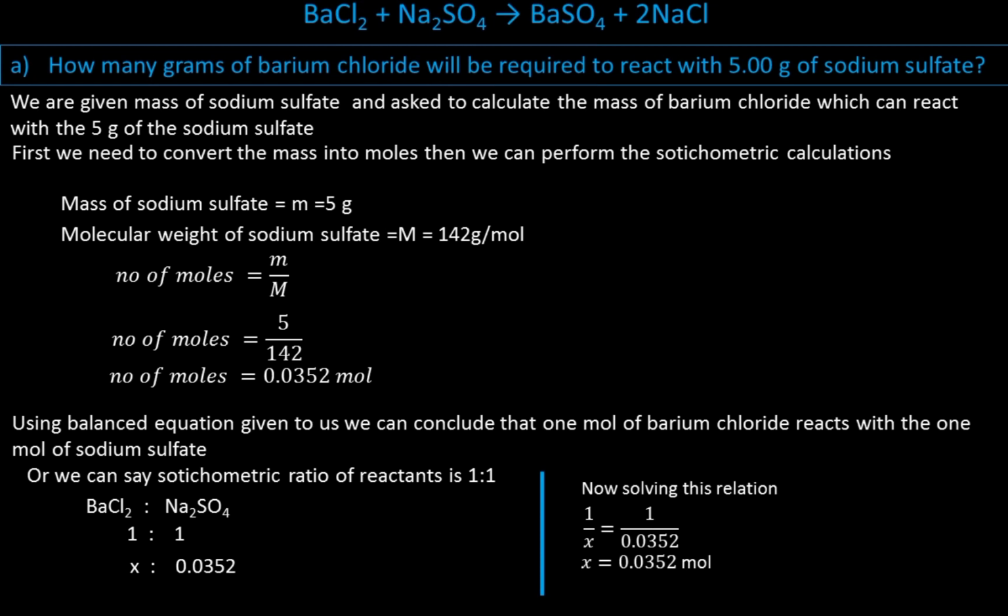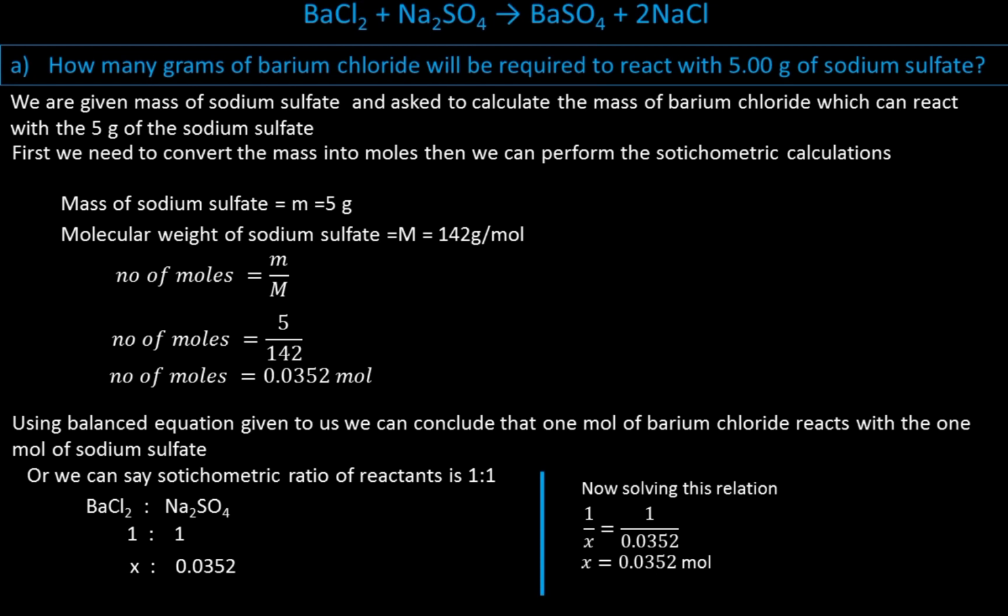We can also guess roughly from the figures that if we have 1 mole, then we need 1 mole of barium chloride, and if we have 0.0352 moles of sodium sulfate, then ultimately we require the same amount, 0.0352 mole.